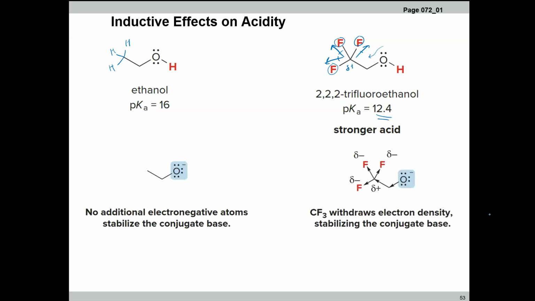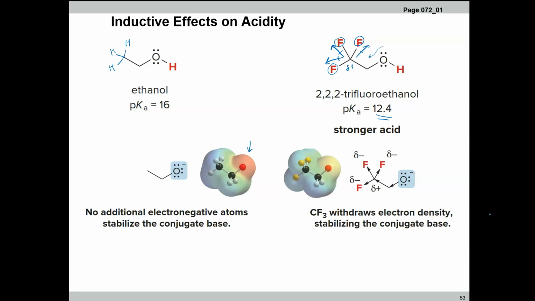You can see that when we look at the conjugate base, we see what happens to that really dense negative charge. This is a kind of heat map, and the more red it is, the more electron density is shown.